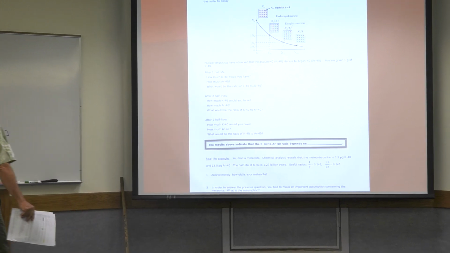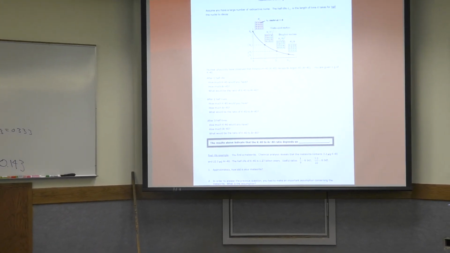Well, remember, it's the ratio of K40 to argon-40 that gives us how much time has elapsed, right? So what do we want to do? We want to find the ratio of K40 to argon-40. Well, they tell us, right?